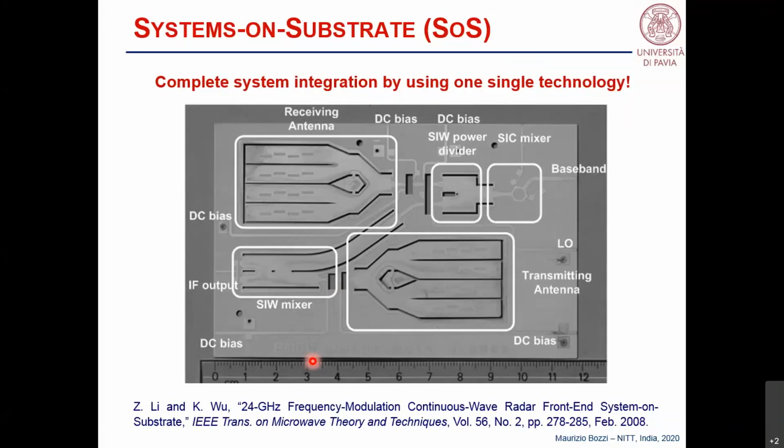So the cost can move from a few tens of dollars in this case to thousands of dollars in the case of a hybrid technology. So this is somehow the most significant advantage of SIW technology, the possibility to have complete systems implemented by using one single fabrication technology.